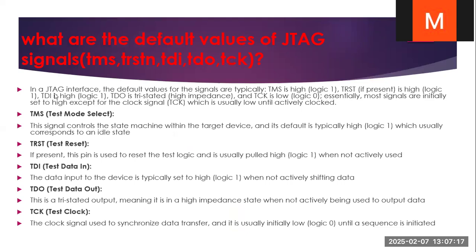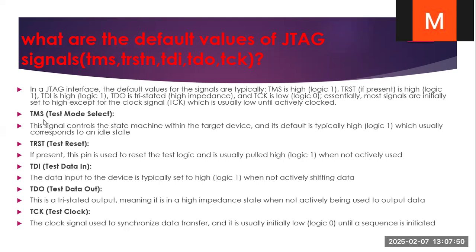In the JTAG interface, the default values of the signals are typically: TMS is high, test reset, if present, is high, TDI is high, TDO is high impedance, and TCK is low. Essentially, most signals are initially set to high except the clock TCK, the test clock, which is usually low until actively clocked.